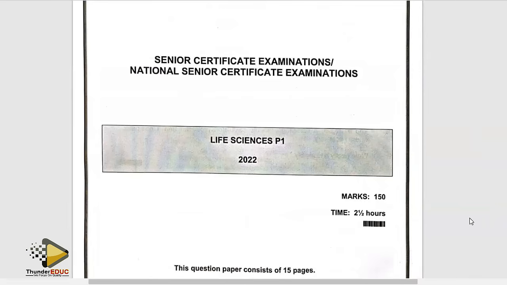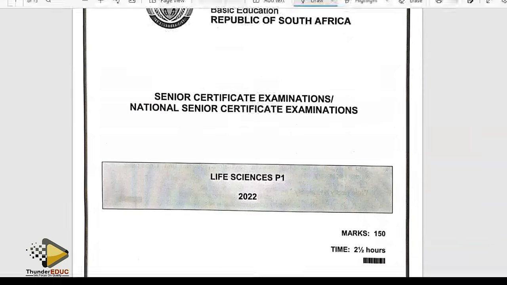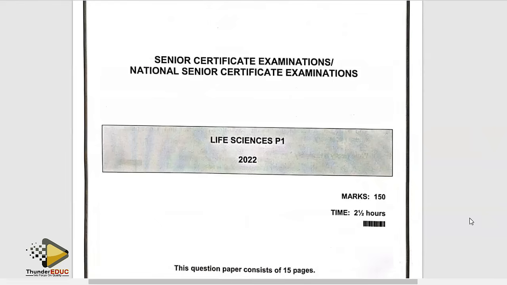Today we are going to be looking at the National Senior Certificate Examination, Life Science Paper 2, 2022.